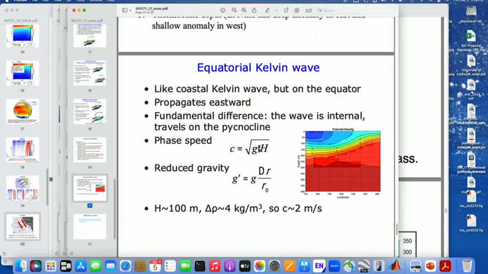What are we looking at? We're looking at basically the thickness of this layer and the difference from that layer to outside of it. It's a very simple model: two layers of some thickness and then some density difference across.